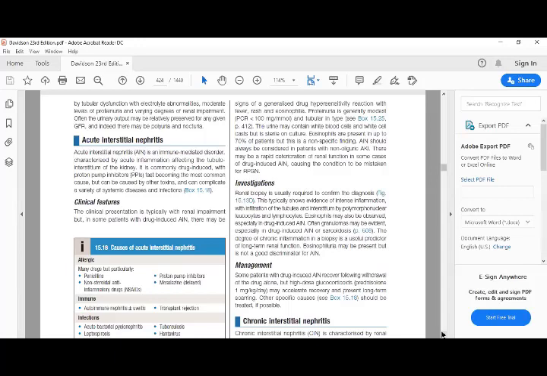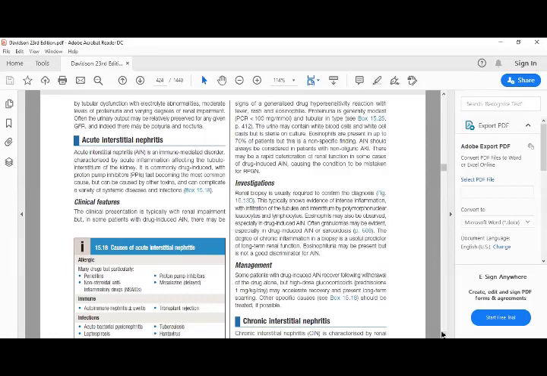Often granulomas may be evident, especially in drug-induced acute interstitial nephritis or sarcoidosis. The degree of chronic inflammation in biopsy is a useful predictor of long-term renal function. Eosinophiluria may be present, but is not a good discriminator for acute interstitial nephritis.